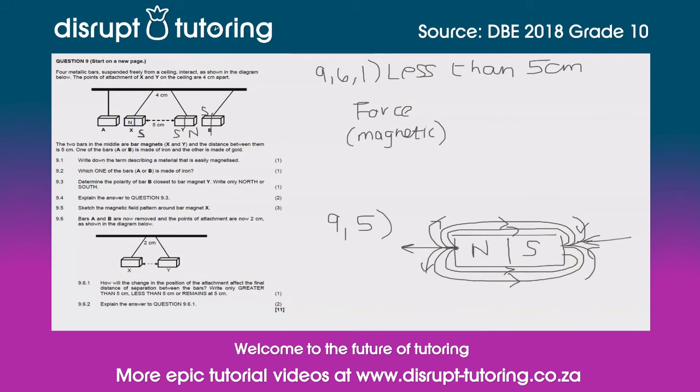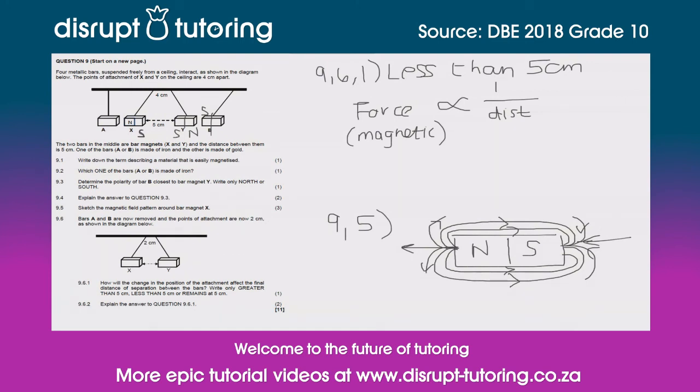So the closer the magnets are to each other, the stronger the force is. So we show inversely proportional with the proportional sign, and then I'm just going to say 1 over the distance. This means inversely proportional. So that could be the reason why it's less than.